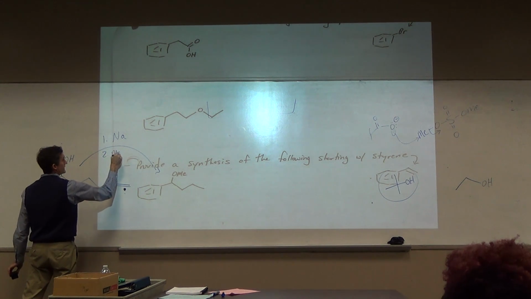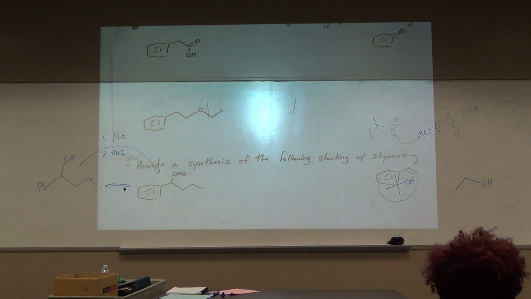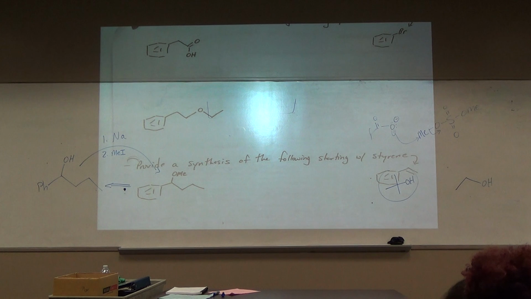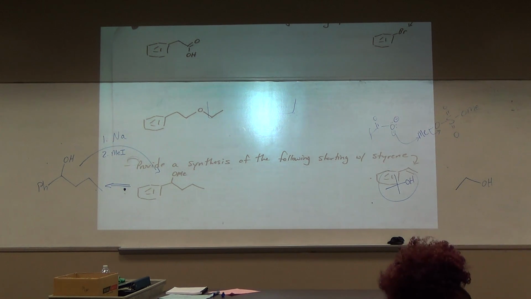Or methyl iodide? Or dimethyl sulfate, like was used in the drug example? Why iodide here? Who said bromine? I did. Methyl bromide's a gas. Okay, theoretically it works. Methyl iodide's a liquid, and thus much more common to use. You're probably never going to find methyl bromide in the lab.